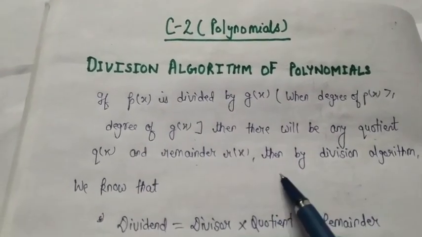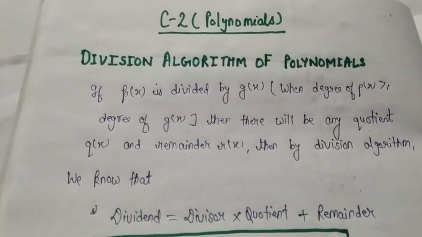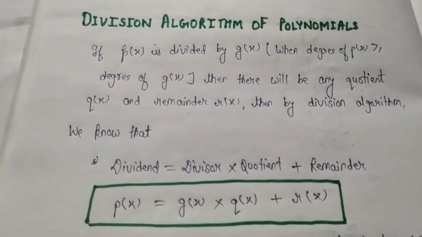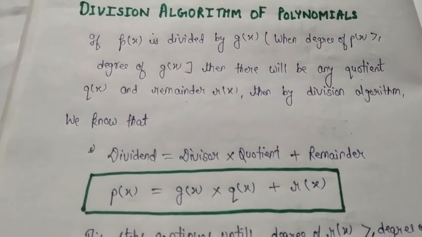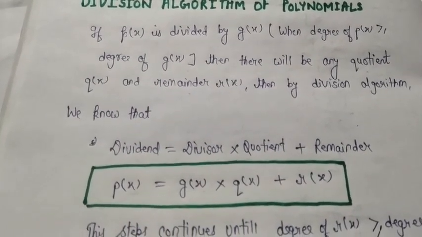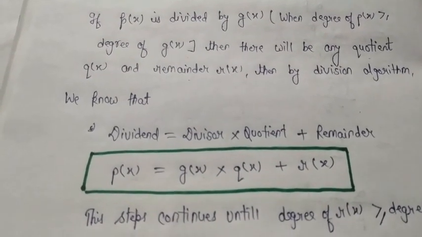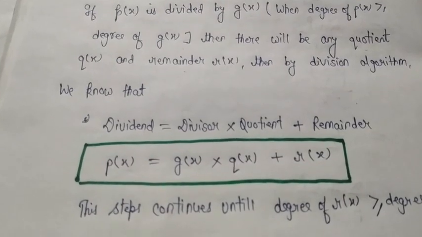Okay, then what do you know by the division algorithm? We all know that dividend is equal to divisor into quotient plus remainder. So in this case the dividend will be p(x), the divisor will be g(x), the quotient will be q(x) and the remainder will be r(x).